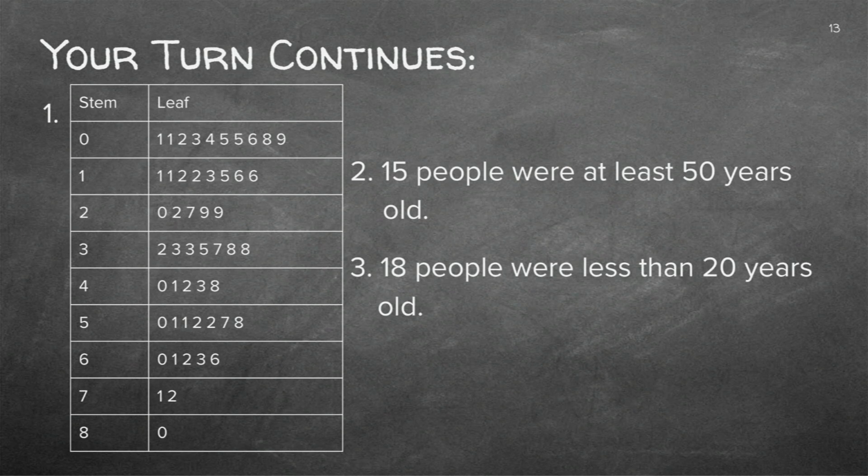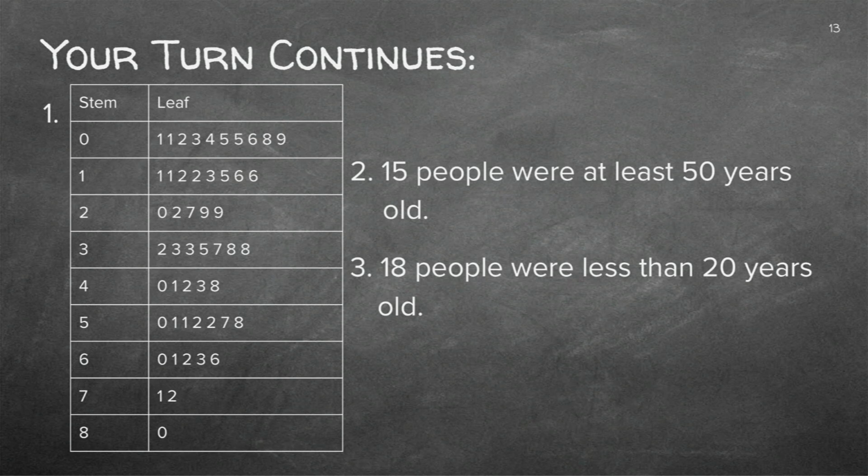So you can pause and check your answers. And then from this we can work out that 15 people were at least 50 years old. At least 50 years old. So let's see if you get the same answer. And 18 people were less than 20 years old.